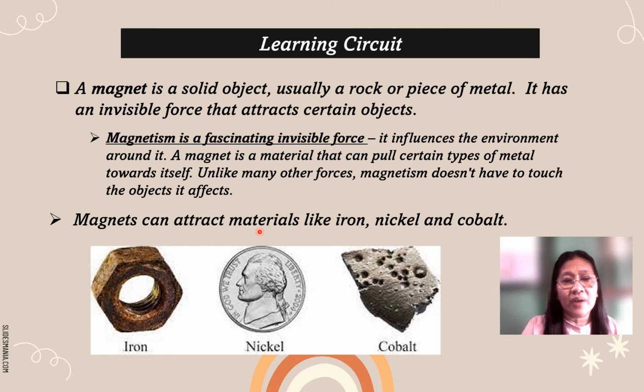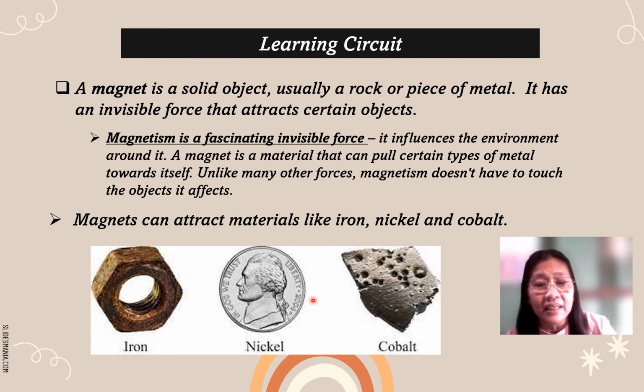Magnets can attract materials like iron, nickel, and cobalt. So these are the materials that can easily be attracted by magnets. Materials that are made up of iron, nickel, and cobalt. Take note of that.